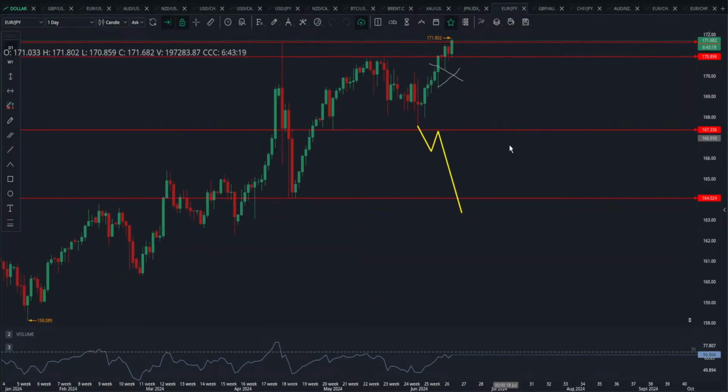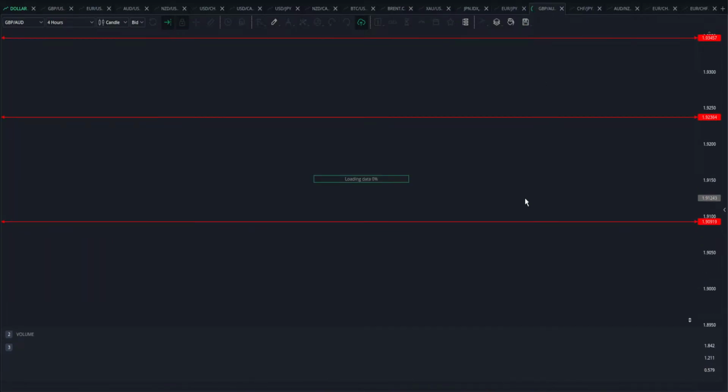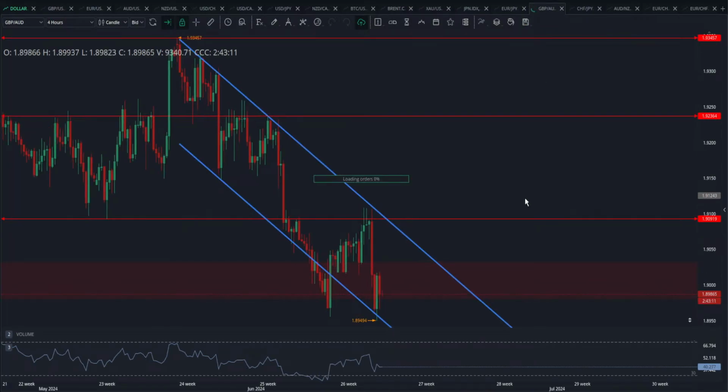Euro JPY, the prices are headed higher, but I'm not sure about buying this market, so I will just stay away from this one. Pound against the Australian dollar was doing good. After this move till here, there was a recent rejection, and here we were looking for a buy, which did not happen, and the price has taken this downside liquidity, or you can say all the buy stops are taken out and the price has made a lower low.